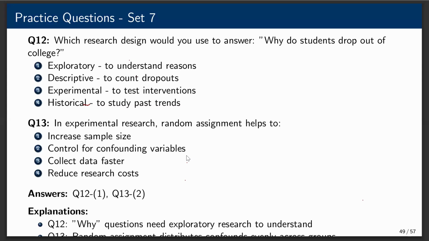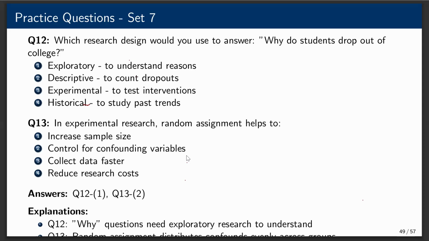So that is why we will use the exploratory research design. So Sangeeta, what is the exploratory research design? Sangeeta? I think Sangeeta is not there. Maybe she knows all this.